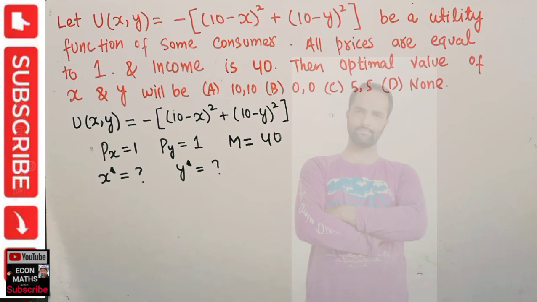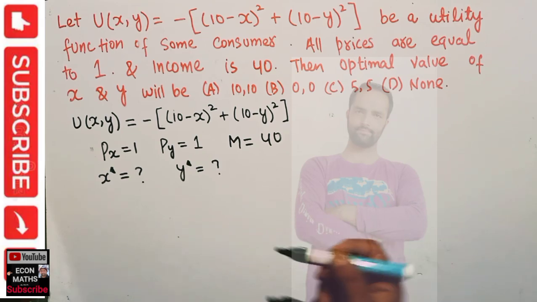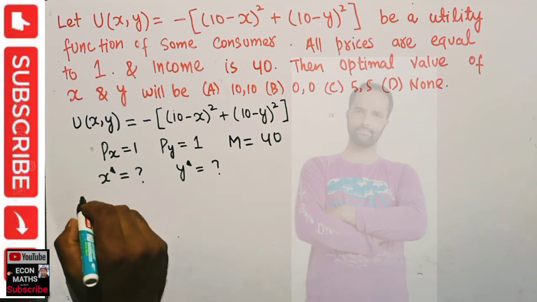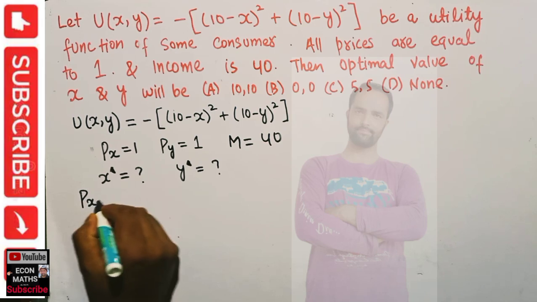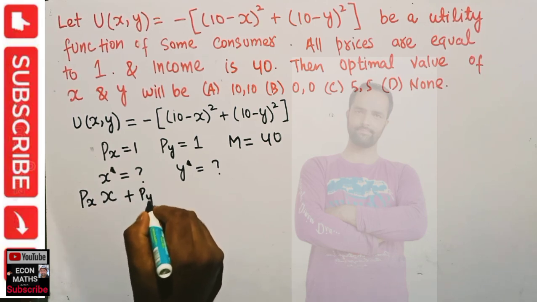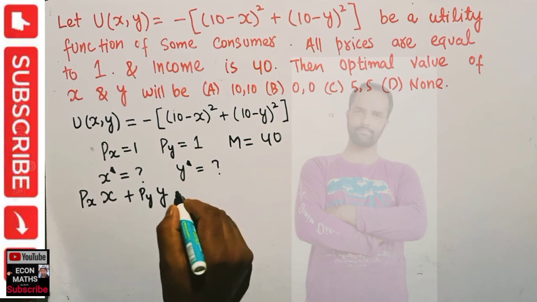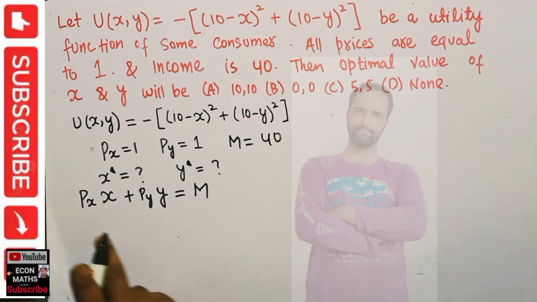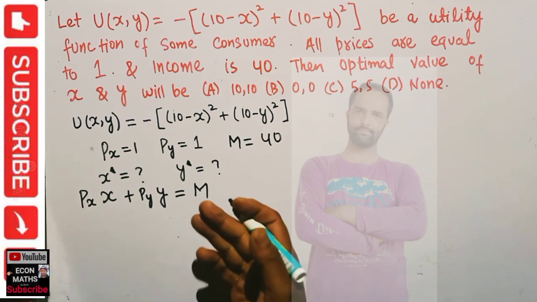So how do we solve this kind of questions? First we need to construct the budget constraint. Our budget constraint looks like this: price of x times units of x plus price of y times units of y should be equal to the total income of the consumer. That means the budget should get exhausted.